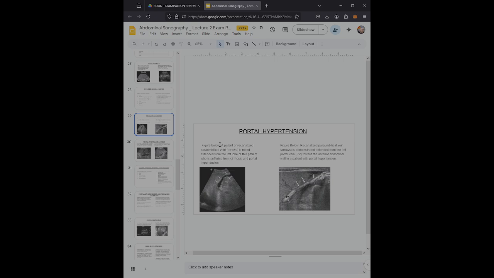So this is an example of a patent or a recanalized paraumbilical vein, and it extends from the left lobe of this patient who is suffering from cirrhosis and portal hypertension.